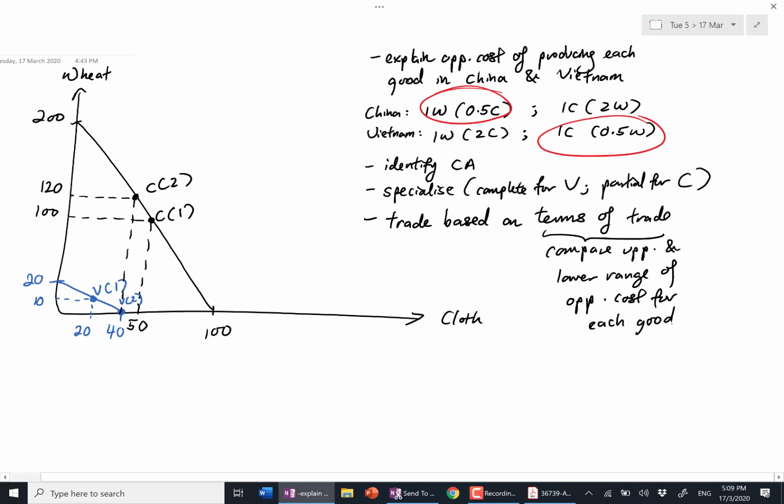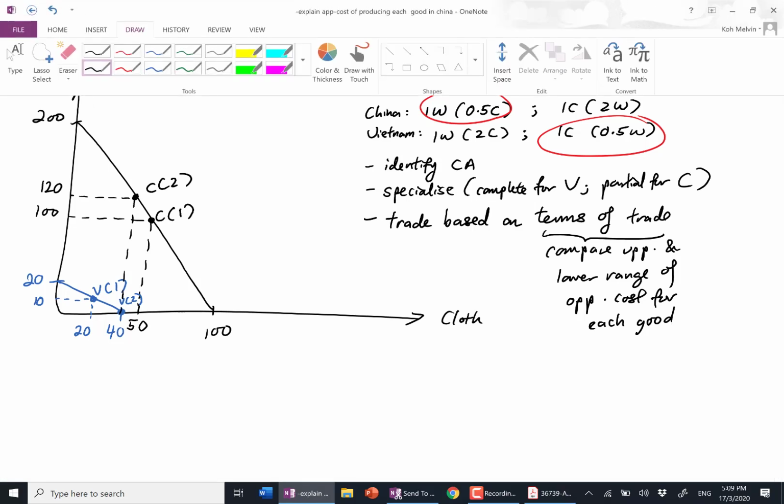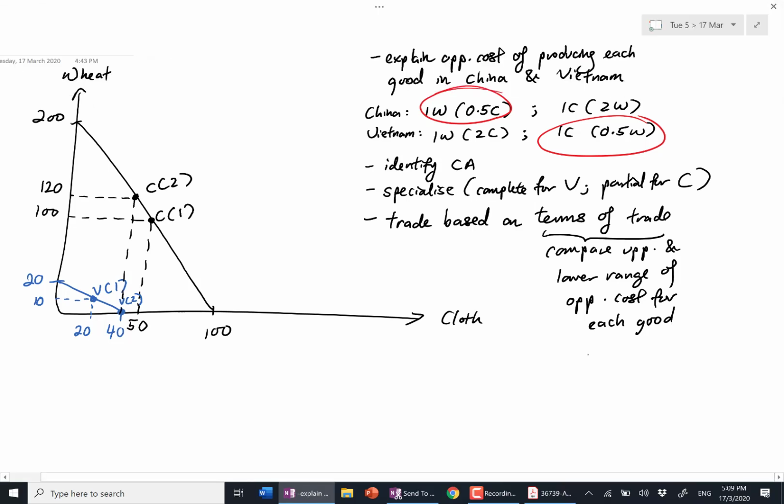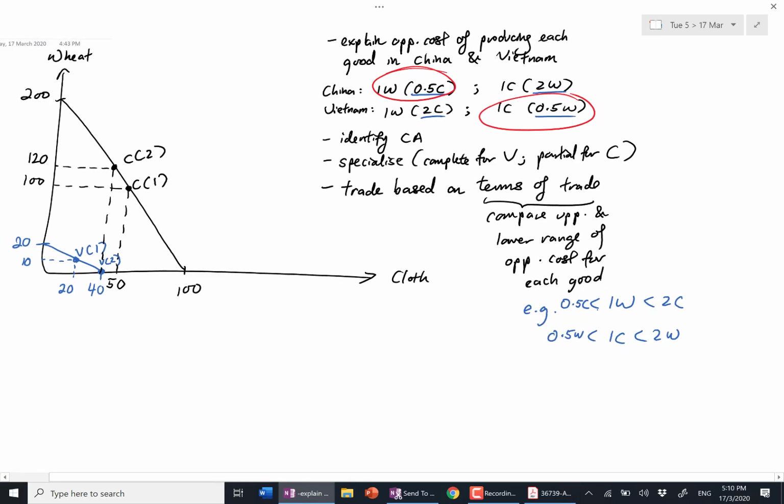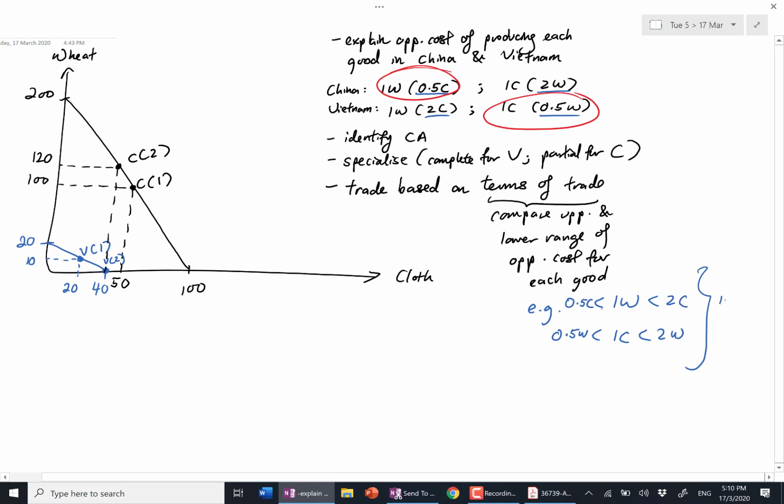Okay. So if I'm looking at the case of wheat, the upper range is here, lower range is here. Right? In the case of cloth, likewise, upper range, lower range. Okay, so based on this ratio, a good terms of trade will be 1 wheat for 1 cloth.